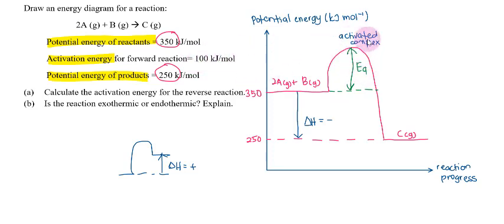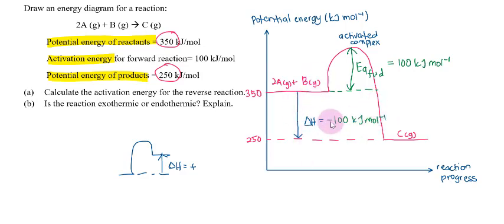Since this one is for the forward reaction, this is the Ea forward, which is 100 kilojoule per mole. Now let's calculate the delta H value for this reaction. This one is 350, this one is 250, so just subtract: 350 minus 250, and we have negative 100 kilojoule per mole.